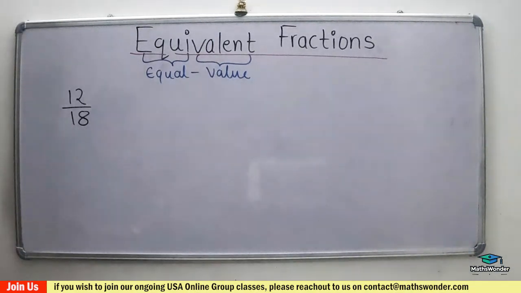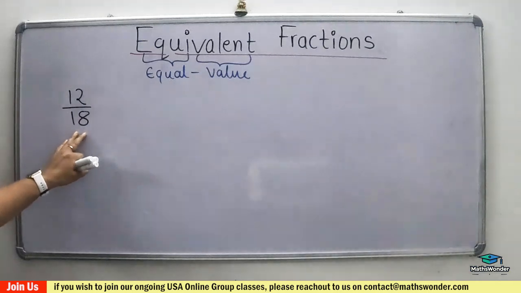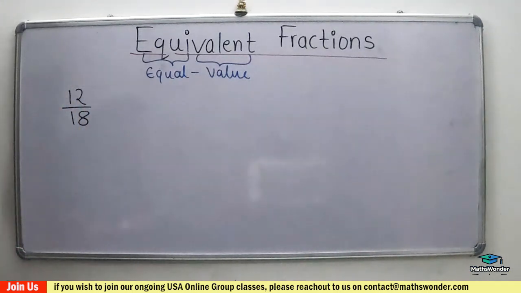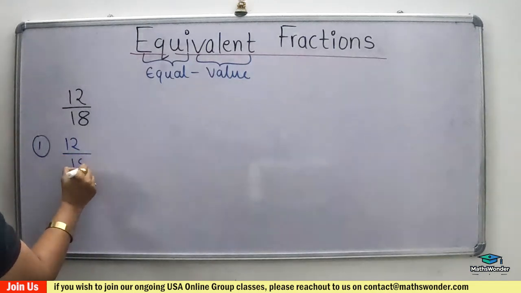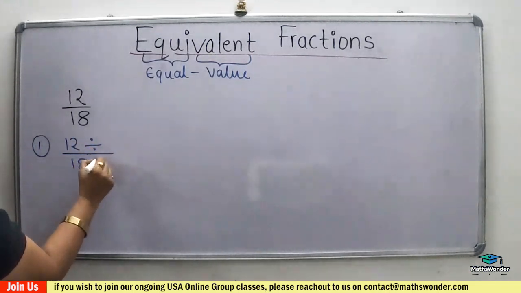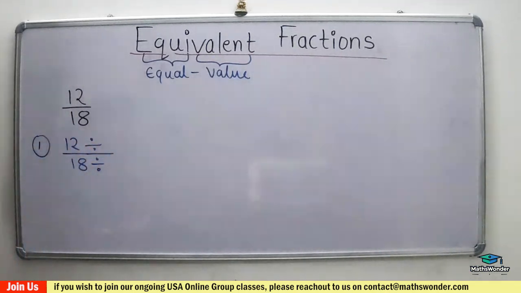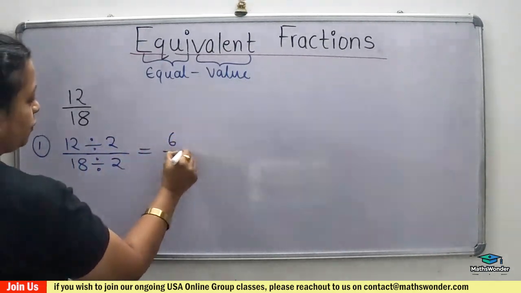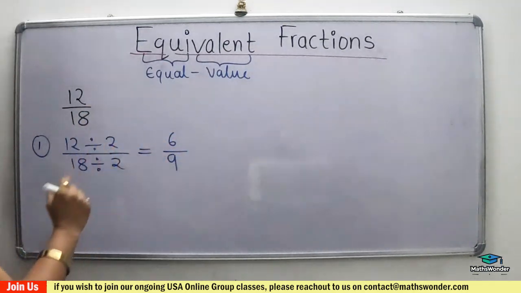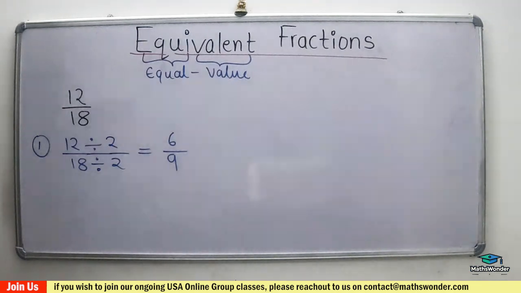So now the division example, okay? 12 over 18 is given as the fraction. You have to find the equivalent fractions of 12 over 18. So how will you find it? First, 12 over 18, you will divide by any common number. Which will be the common number? 2, right? You divide both numbers by 2 and get 6 over 9. So this is equivalent to 12 over 18.